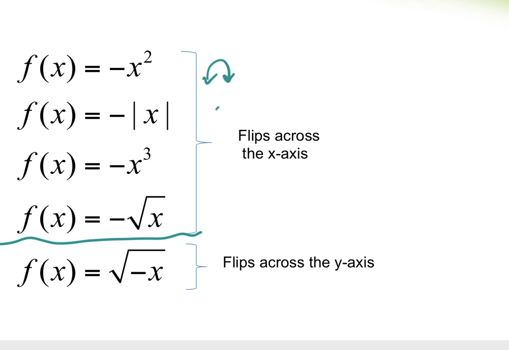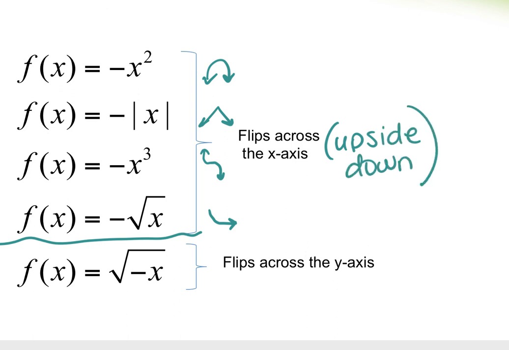It takes my absolute value and points it down. It takes my cubic function and flips it so that it is left side up, right side down. And it takes my square root and points it down. So this, by visual, is upside down. But when it asks you to describe the transformation, it needs to be reflected across the x-axis.